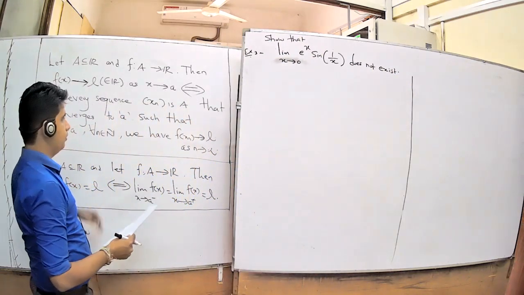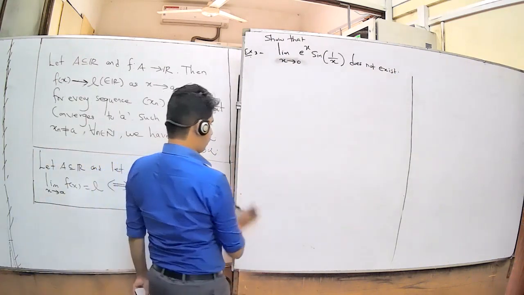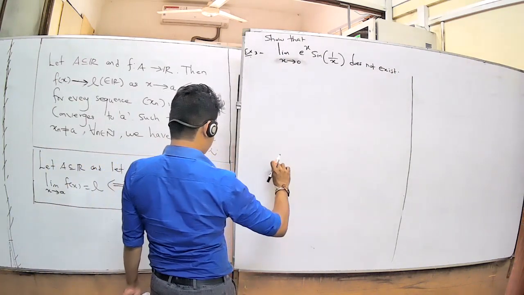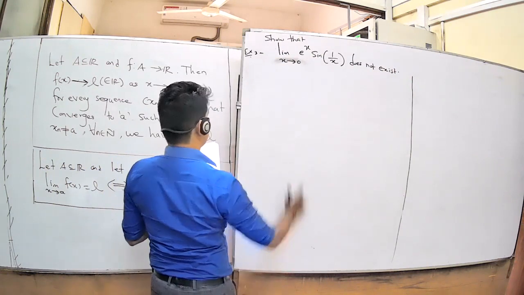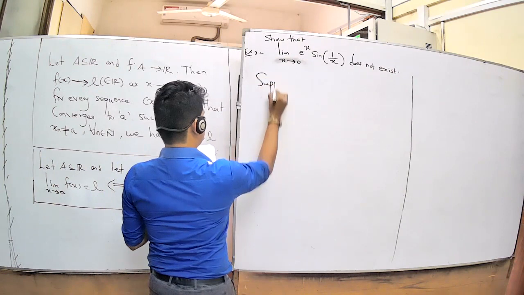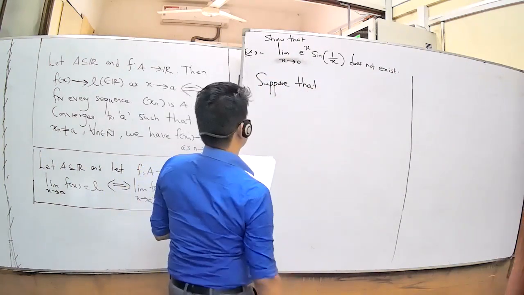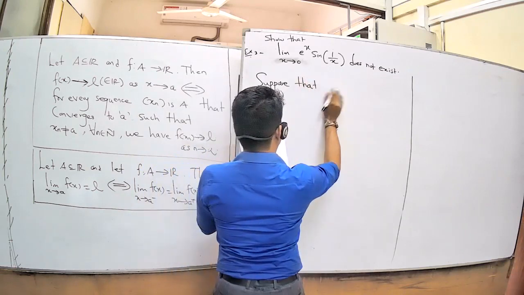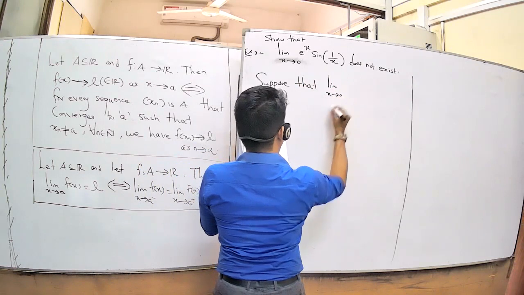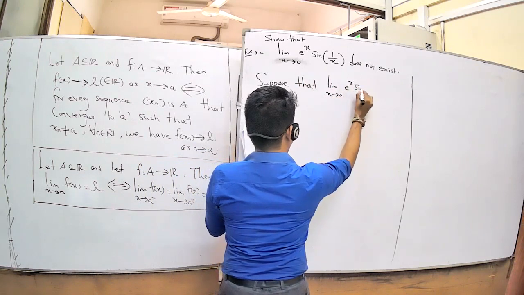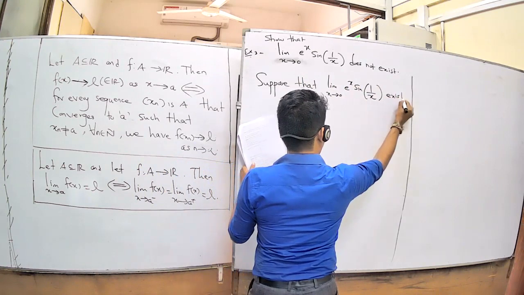Okay, same idea again we will do now, but we can use the x_n and y_n in a different way for this question also. Suppose that the limit as x tends to 0 of e^x sin(1/x) exists.